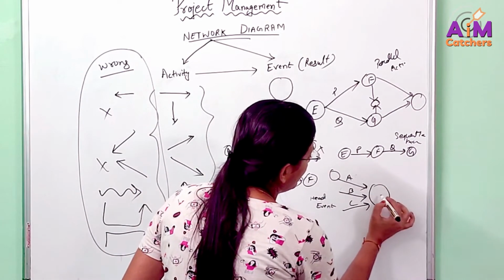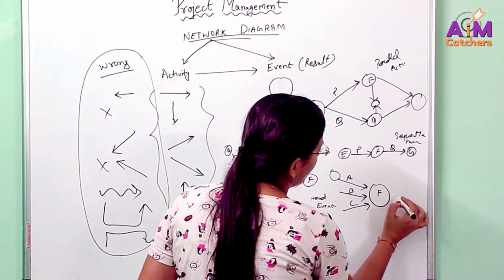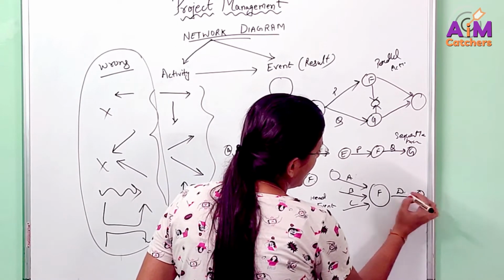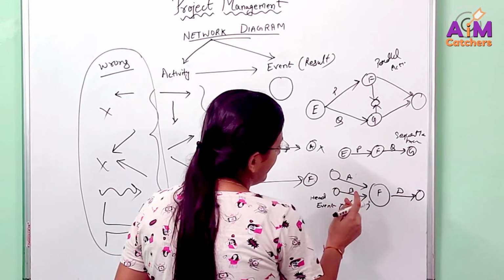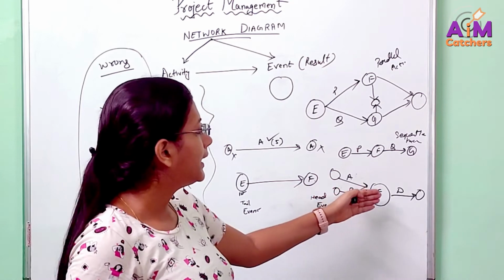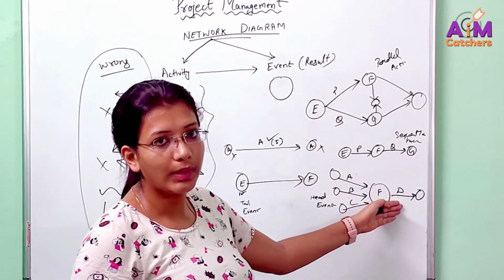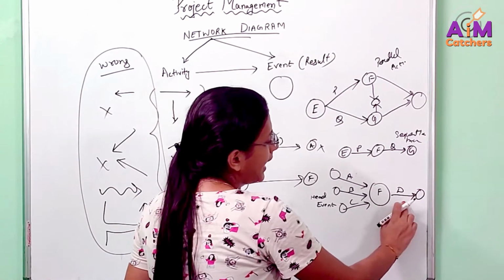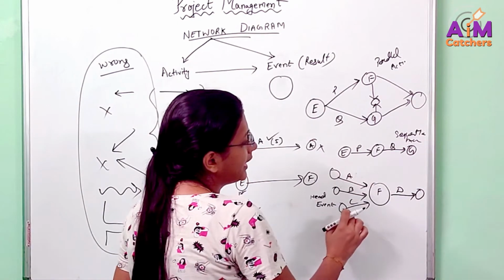And these are all leading to the start of another activity. So here we have three activities coming from multiple events leading to another event. Then it will lead to another activity. So this is a succeeding activity, and these are the preceding activities.